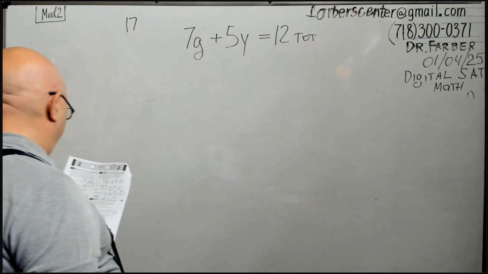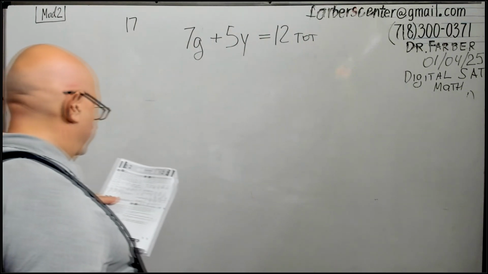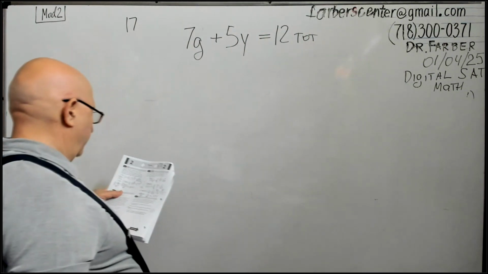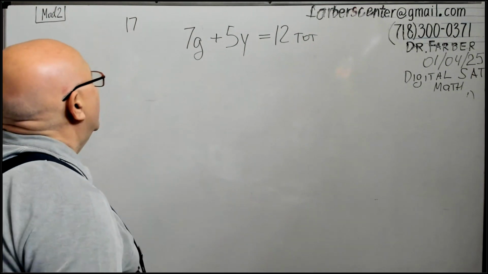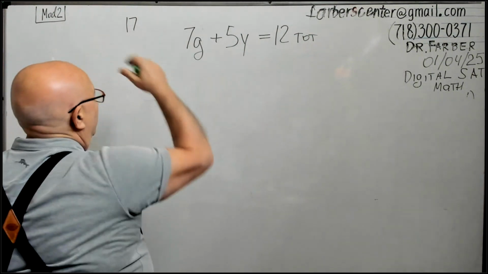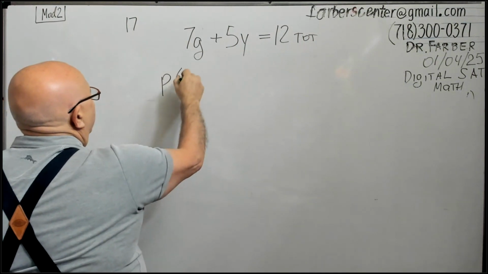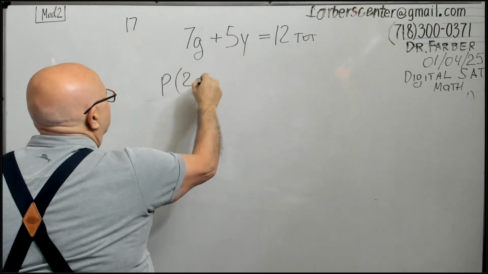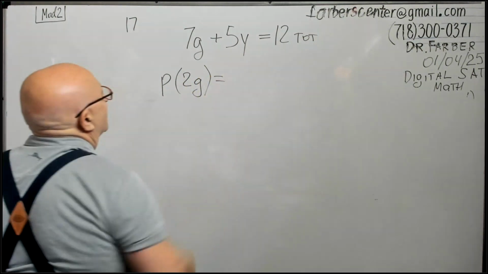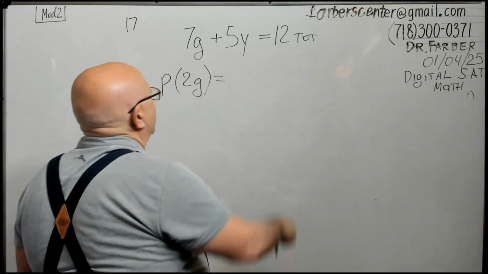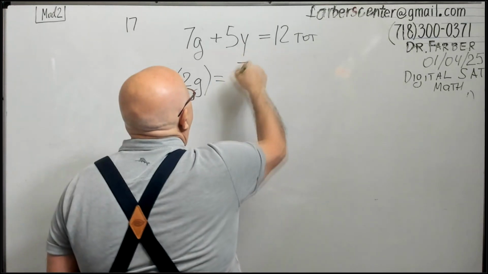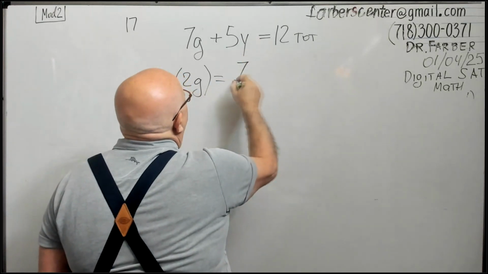Okay, what is the probability of drawing 2 balls without replacement? So without replacement, probability to get 2 green, for instance. The first time when you take it, you have 7 out of 12.